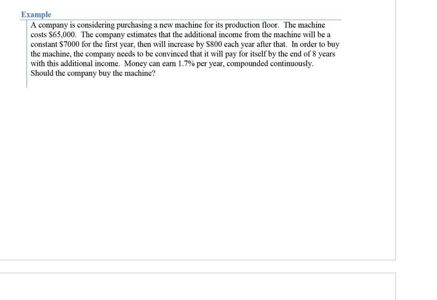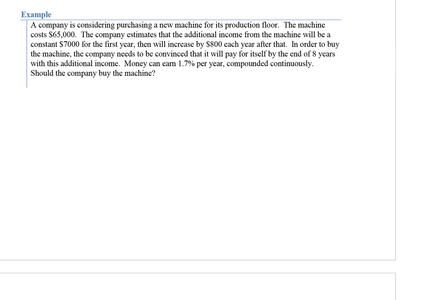And so we'll assume that the income will come in continuously over that 8 years. We'll also assume that the interest rates will remain constant over that 8-year time period. We're interested in the present value of the machine, which we will compare to its $65,000 price tag. So we're going to let t be the time in years since the purchase of the machine, and the income of the machine is different depending on the time.